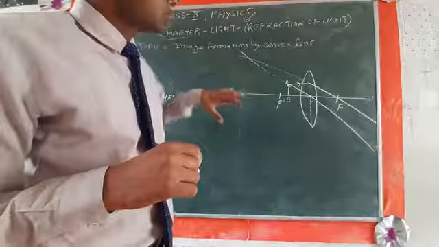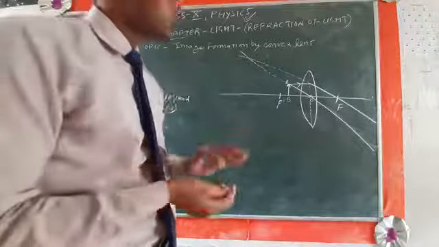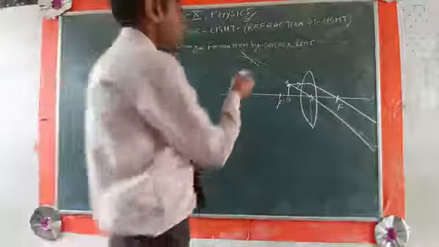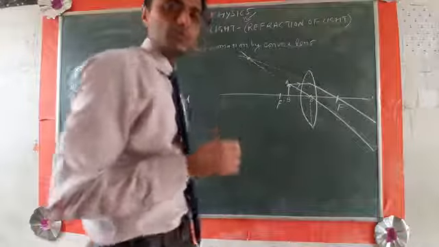It means they appear to meet on the same side of the object, and at this point they intersect each other.